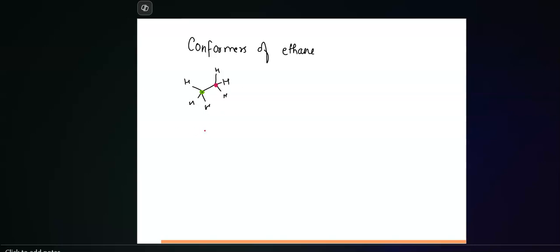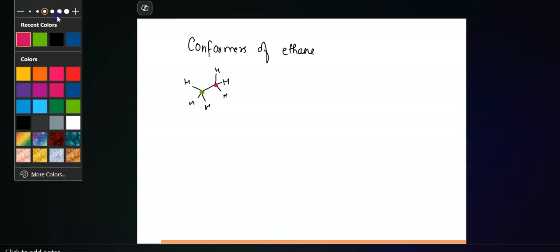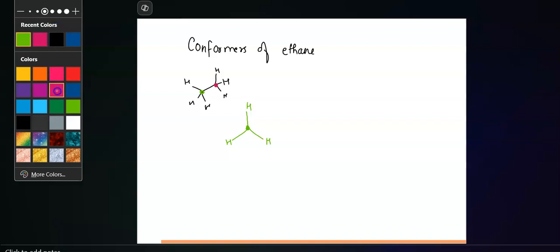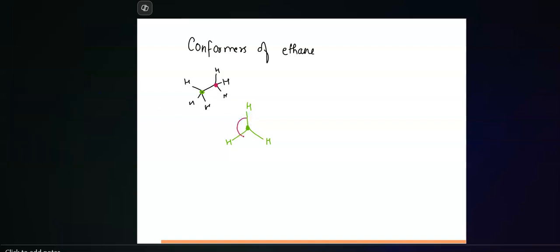The way we would represent the ethane conformer is the front carbon atom is represented by a dark circle, and then you draw out the 3 hydrogen atoms that are attached to it. Then the back carbon atom is drawn as an empty circle, and the hydrogens are attached to the edge of the back circle.